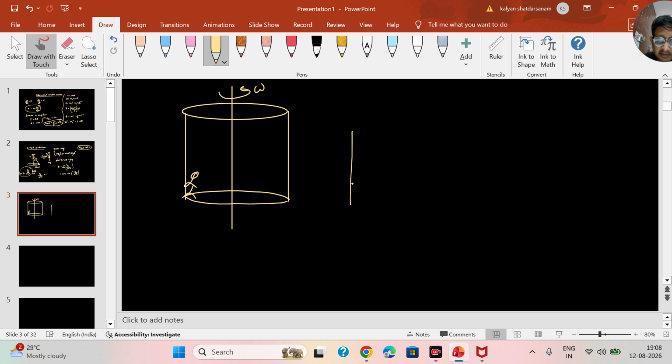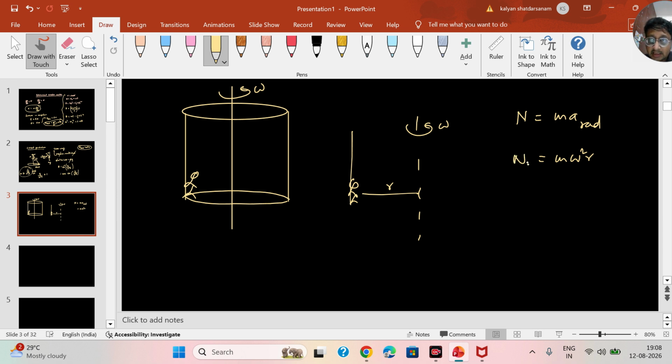So this person will be sticking to the wall and no base is there. What is happening? He is going in a circle of radius r with angular speed omega. So in the radial direction, the normal force acting on the person is mass into radial acceleration, which is m into omega square r. So I got the N.